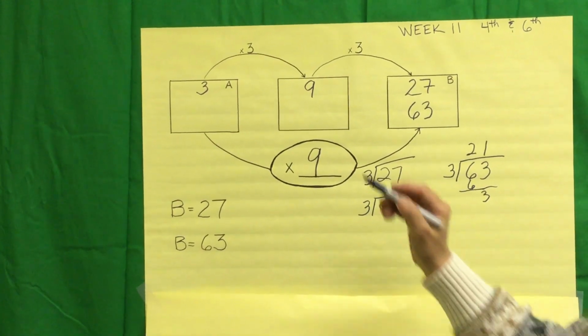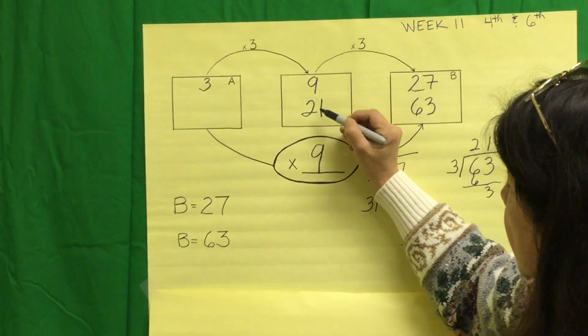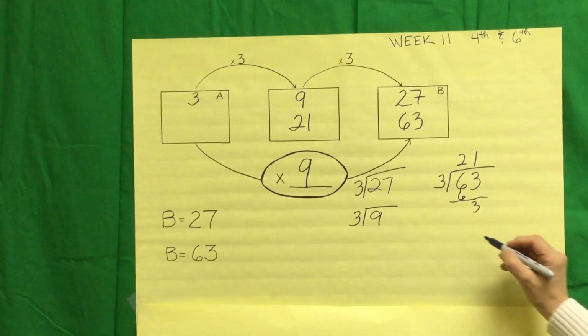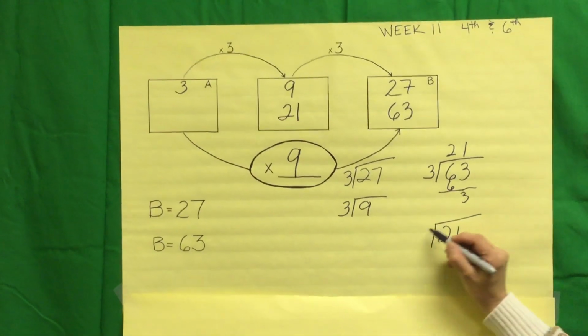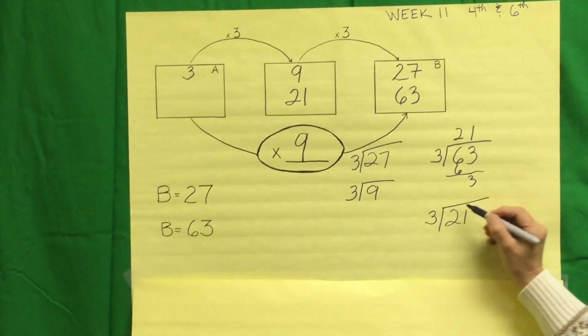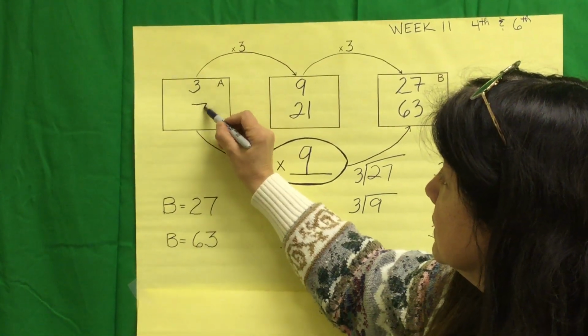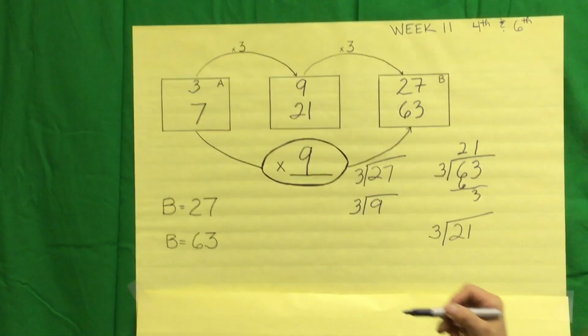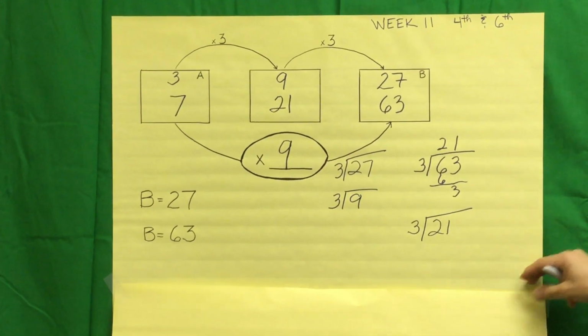Then we put the value of 21 right here and take 21 and divide that by 3, which equals 7. So that's one of the problems for week 11.